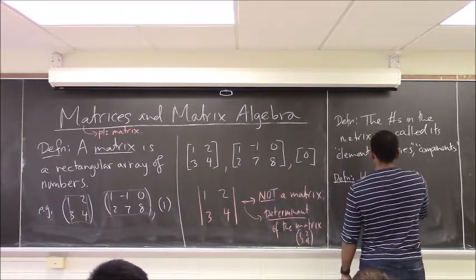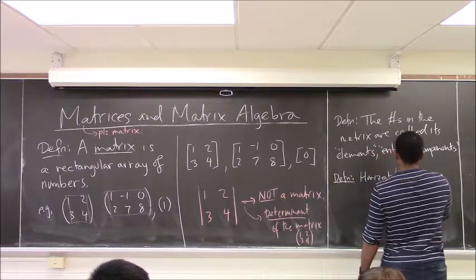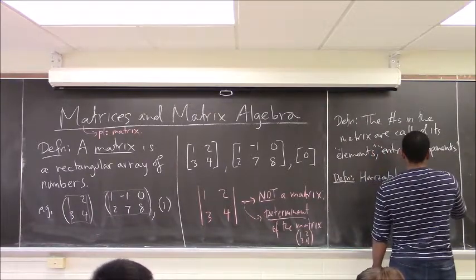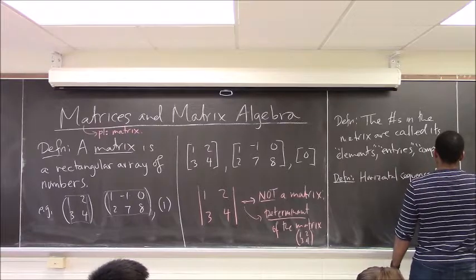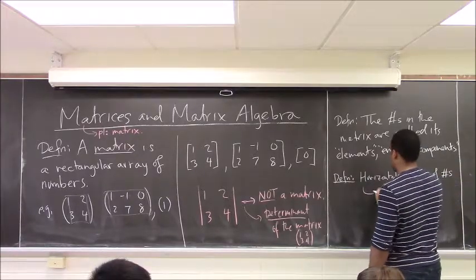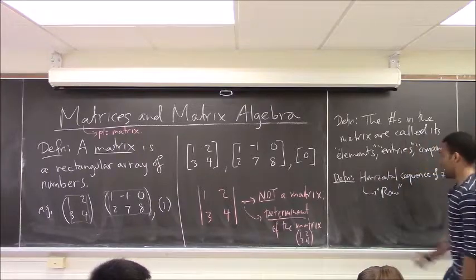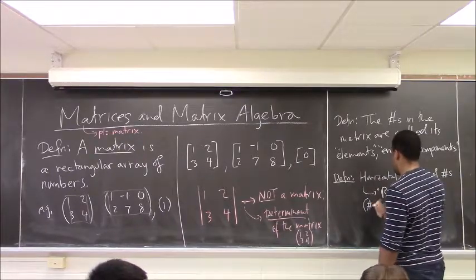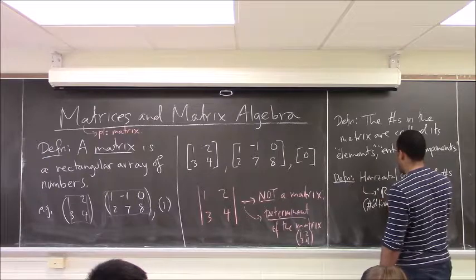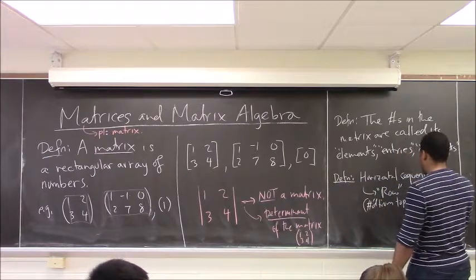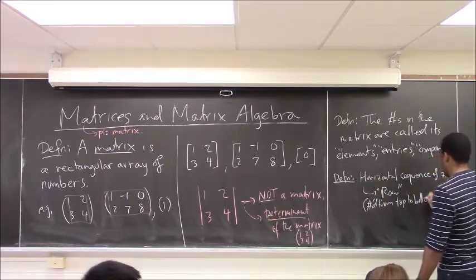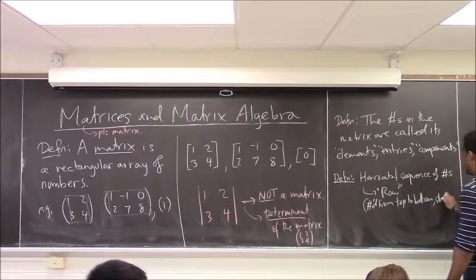A horizontal sequence of numbers is called a row, and these are numbered from top to bottom, starting at 1.